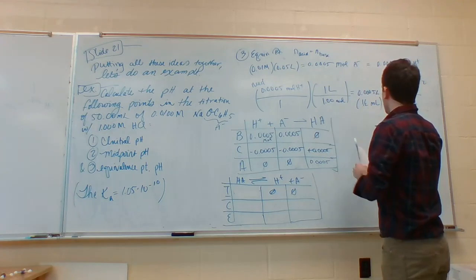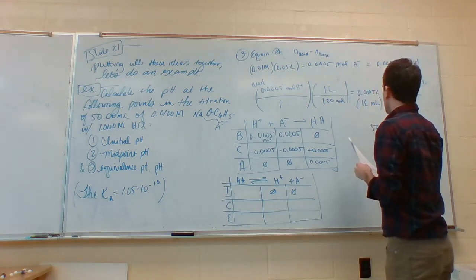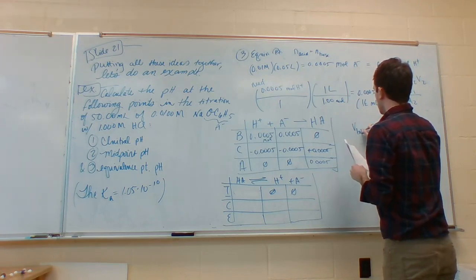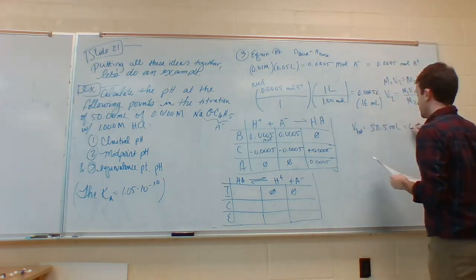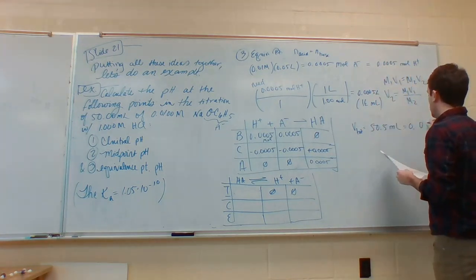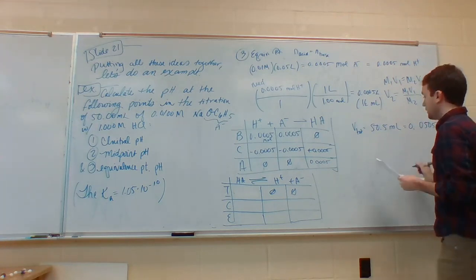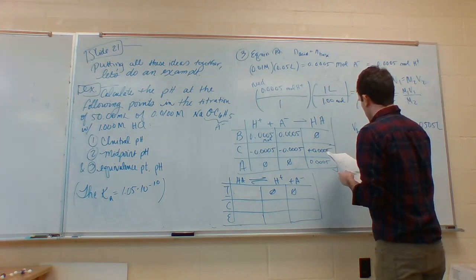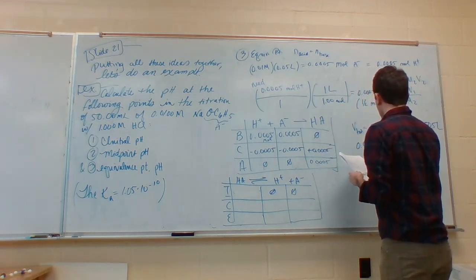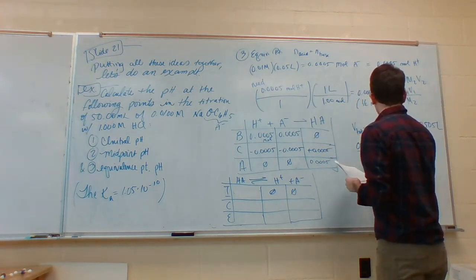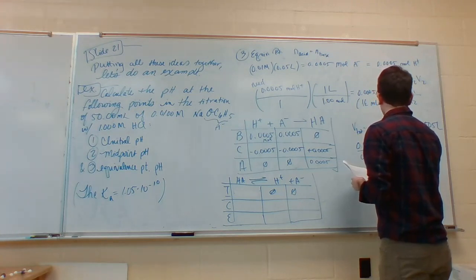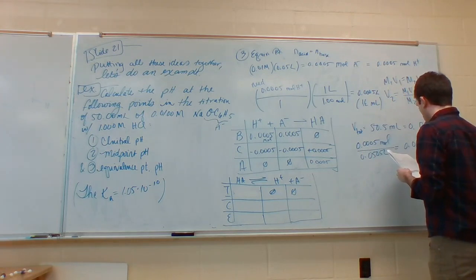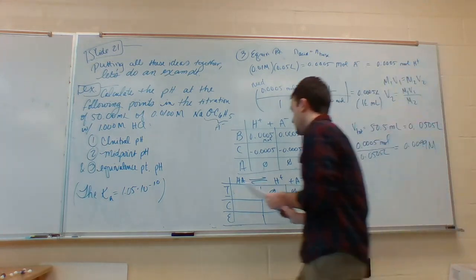So that would have been 50.5 milliliters as our total volume, which corresponds to 0.0505 liters. So we would take 0.0005 moles, divide that by 0.0505 liters, which would give us 0.0099 molarity.